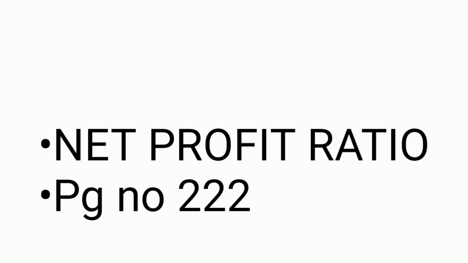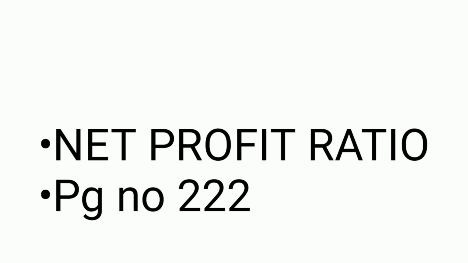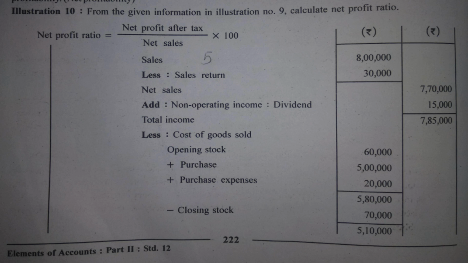So first of all, let us find out non-operating income from illustration 9. Yes, dividend received is a non-operating income. So we add non-operating income to net sales to obtain total income. There is no other income in the question given in illustration 9.